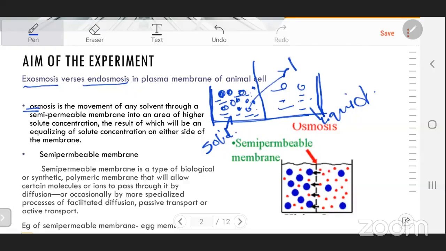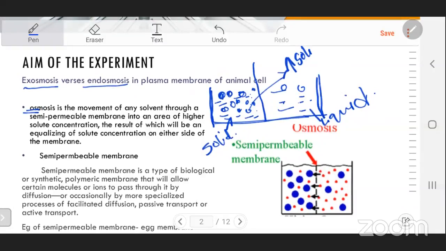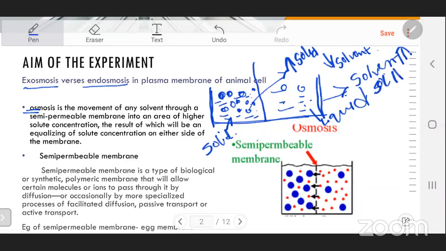So this has more solid part, that is solute, and less liquid part, that is solvent, which is exactly opposite on the right side. Here the amount of solvent is more, that is the liquid part is more, and the amount of solute, that is the solid part, is less.